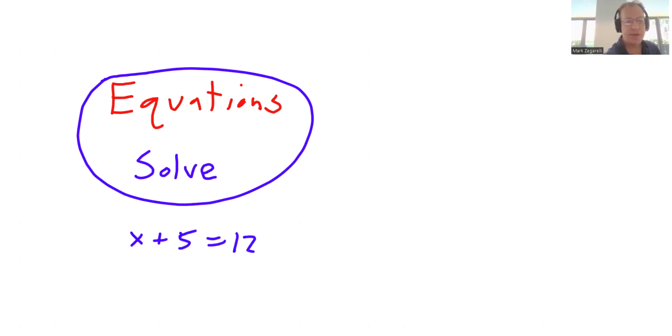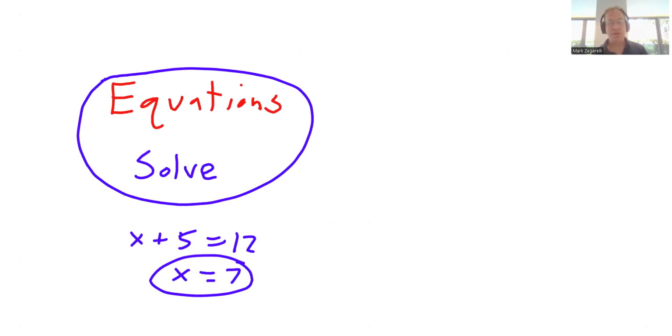Solve the equation by finding out that x equals 7. That's how you solve that equation. It only gets more difficult because the techniques get more difficult, but this idea of solving an equation is just to find out what x is, or what any variable in an equation is. Okay. Now over here, we've got these expressions.